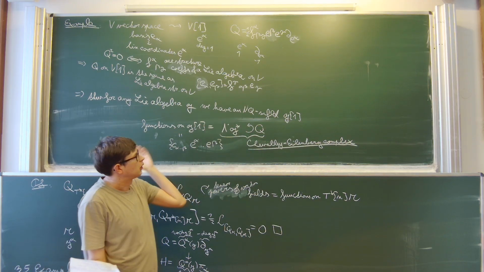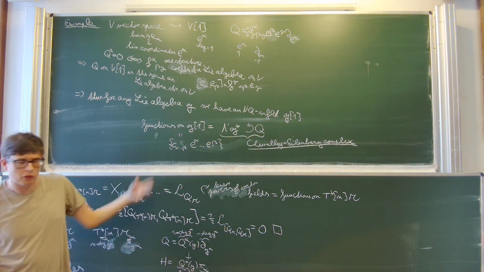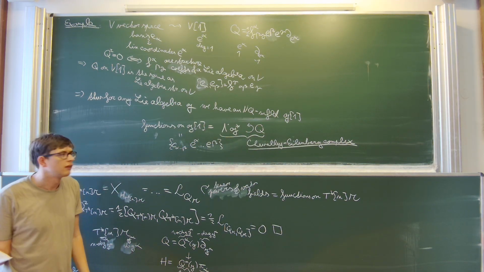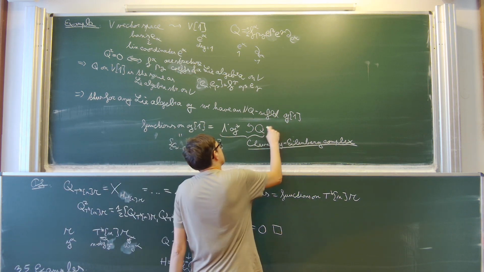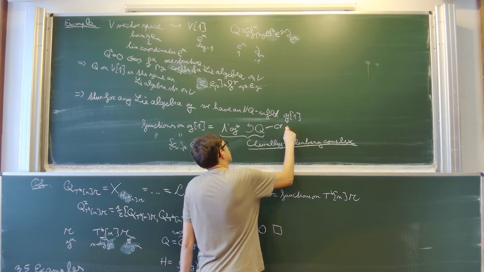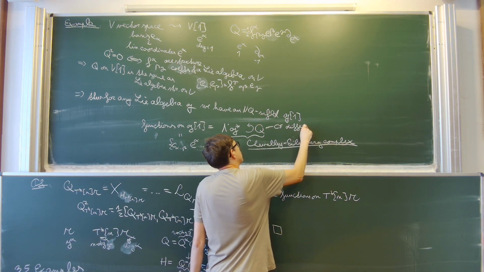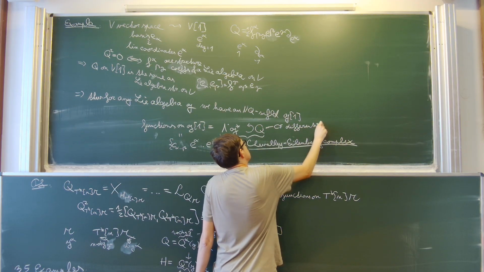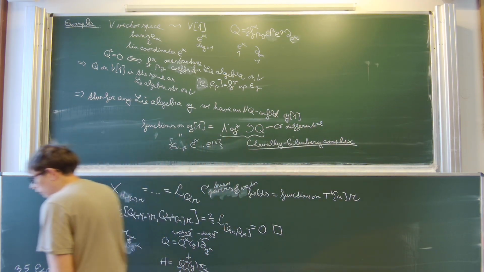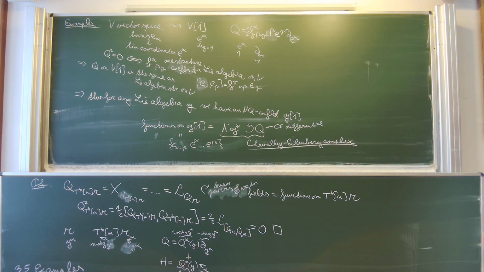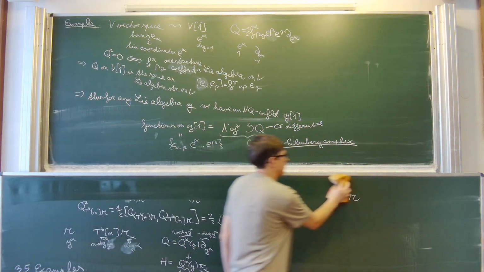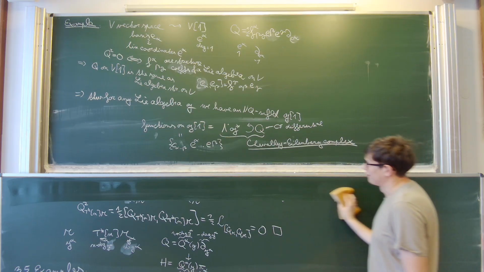This is what is typically called the Chevalley-Eilenberg complex, and this thing is the Chevalley-Eilenberg differential. Okay, so one moral that we learned is that Lie algebras are secretly NQ manifolds.